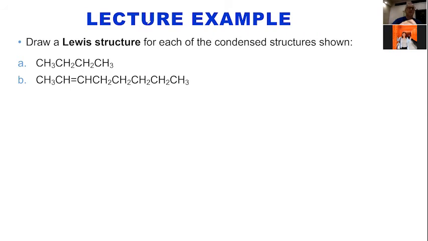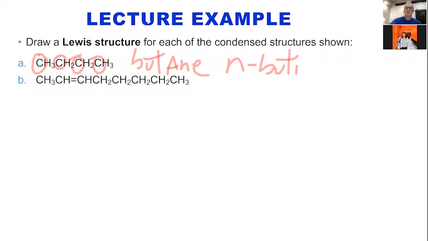So if we look at this first one, we can see that there's 1, 2, 3, 4. That is butane, also called n-butane. N just because it's all in a row. So we just go 1, 2, 3, 4, because we know all the carbons are connected to each other.